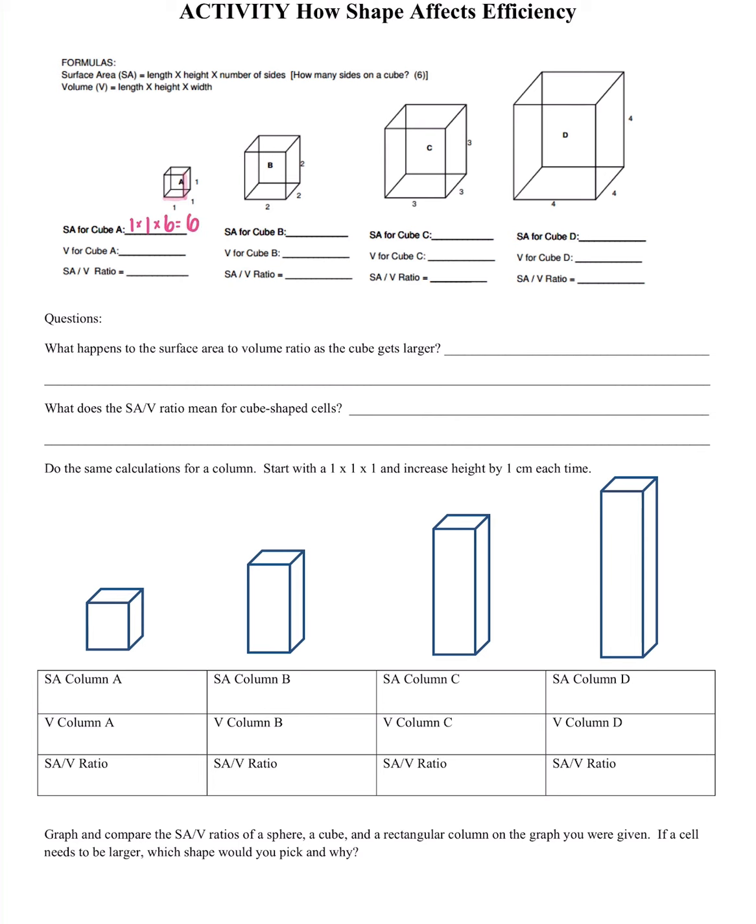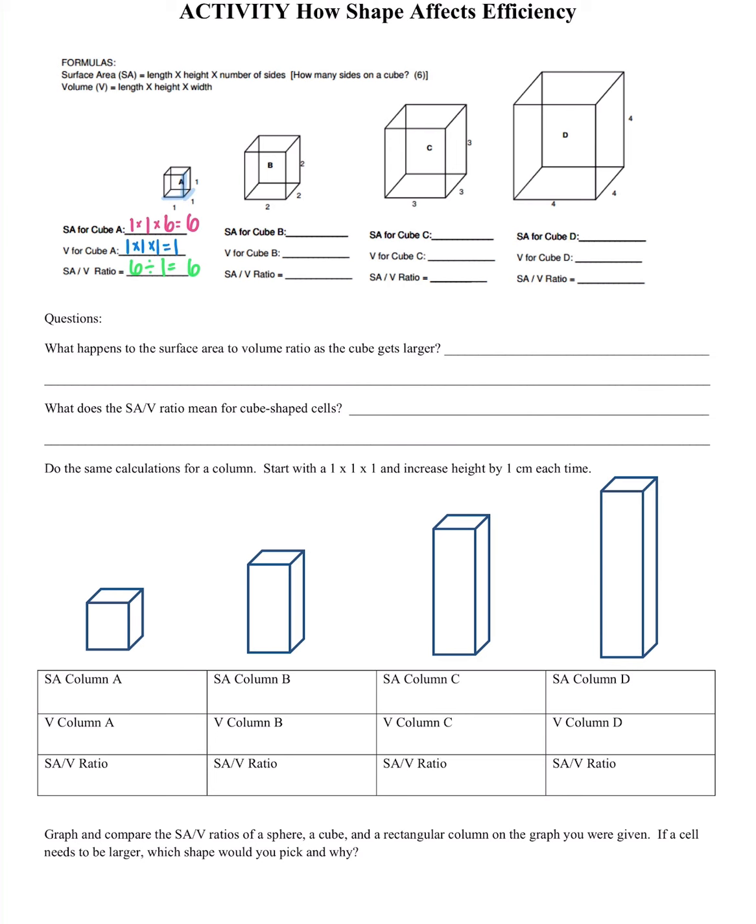Now to calculate the volume, I multiply the length times the width times the height, which is 1 times 1 times 1, which is 1. Then my surface area to volume ratio will be my surface area, which was 6, divided by my volume, which was 1. So my surface area to volume ratio would be 6.